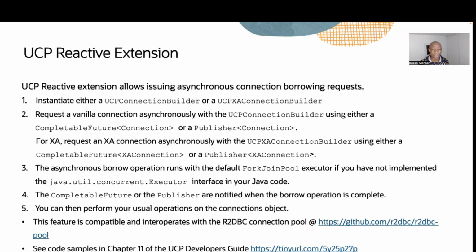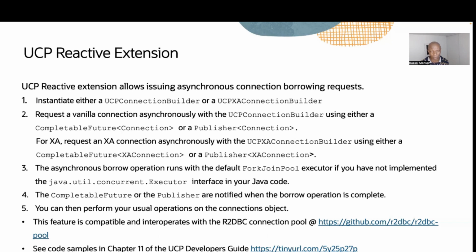UCP reactive extension. You probably are aware that we also have a connection pool that we call UCP. In the 23C release, we added an extension to UCP to do a reactive connection request.